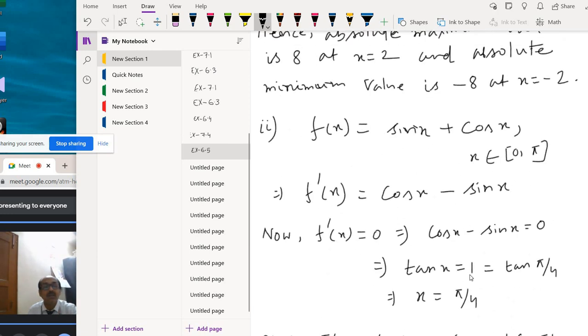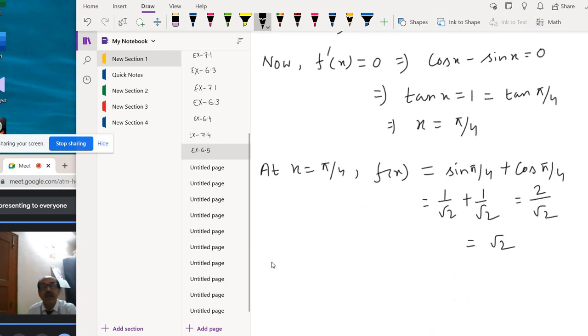Now see the interval 0 to pi. The point x equal to pi by 4 lies within this interval, 45 degrees. So we can compare this root 2 with the other values. At x equal to 0, f(x) equal to sin 0 plus cos 0.